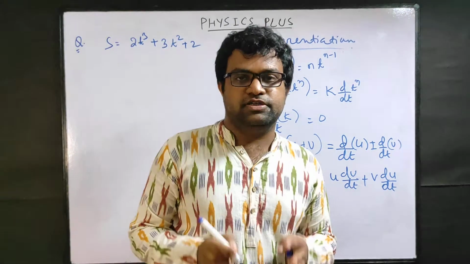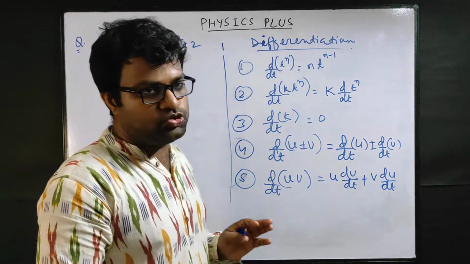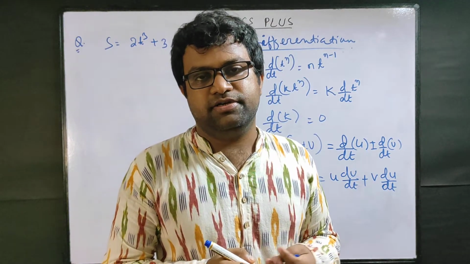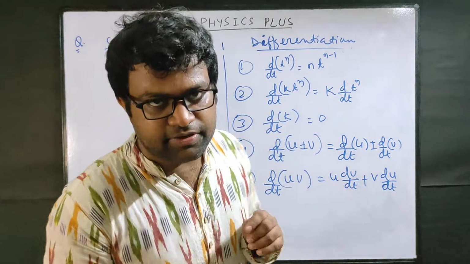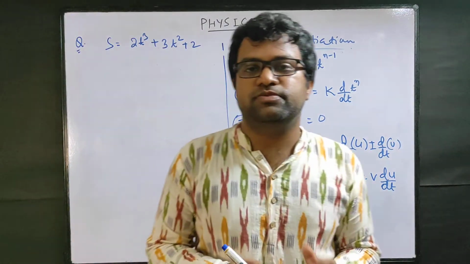The object displacement is varying as 2t cube plus 3t square plus 2. Find the velocity of the object at t equal to 2 seconds. At time t equal to 2 seconds, what will be the velocity of the object?